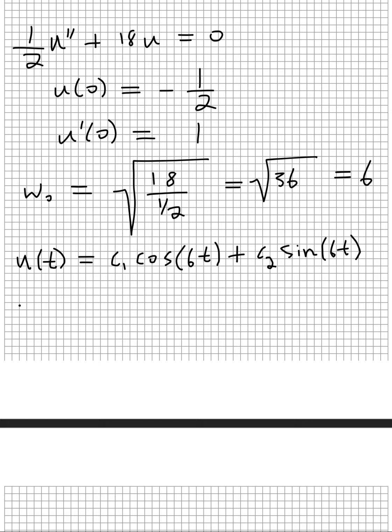okay, and U prime of t is then going to equal negative 6 C1 sine of 6t, okay, plus 6 times C2 cosine of 6t. Okay, and we'll revisit these two shortly.